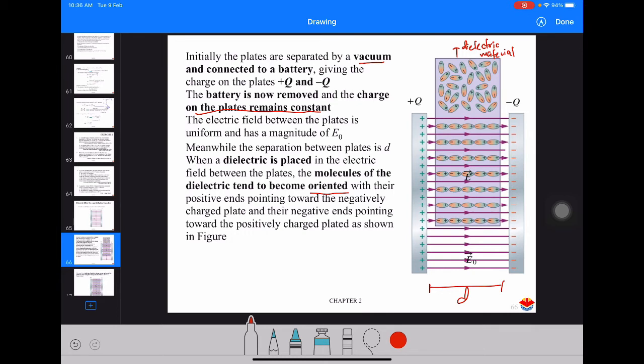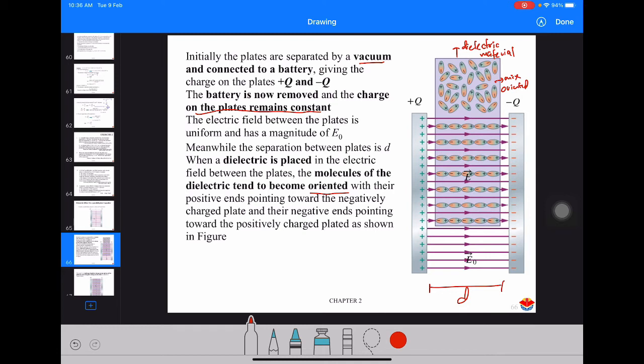So beforehand you have a mix of orientations. Once it is under an electric field, the molecules will try to rearrange and become oriented.